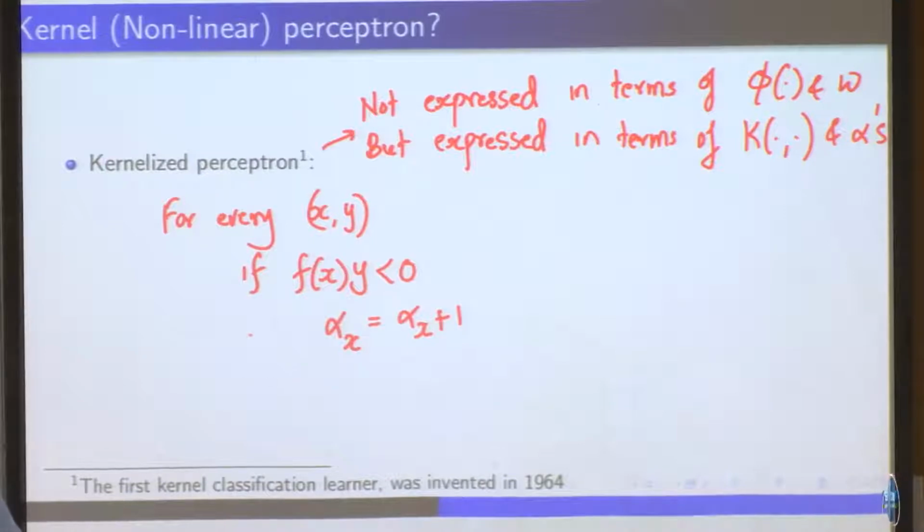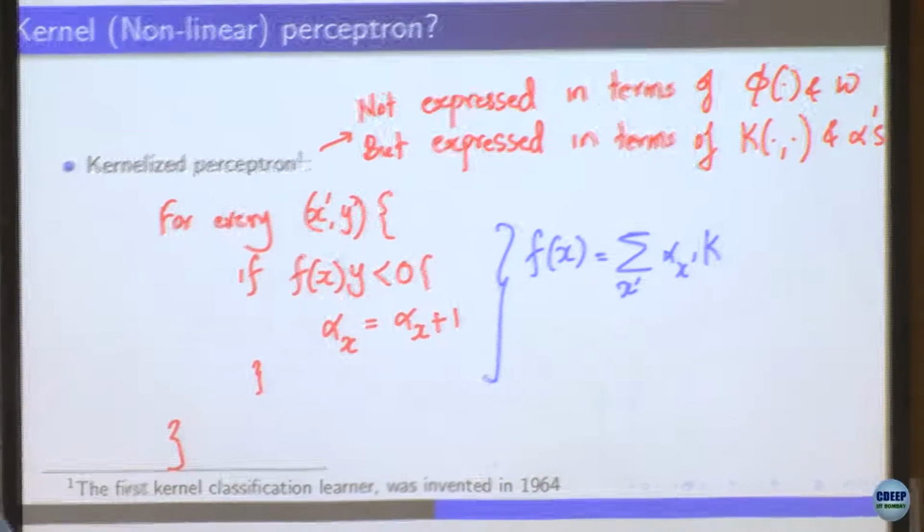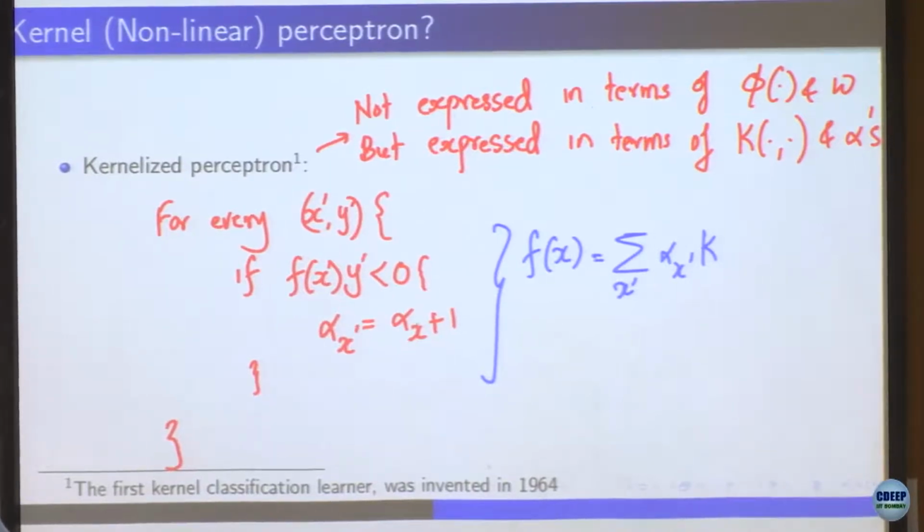That's it. The implicit understanding here is that f(x) is exactly of this form, summation over all the points of alpha x prime times k(x, x prime).